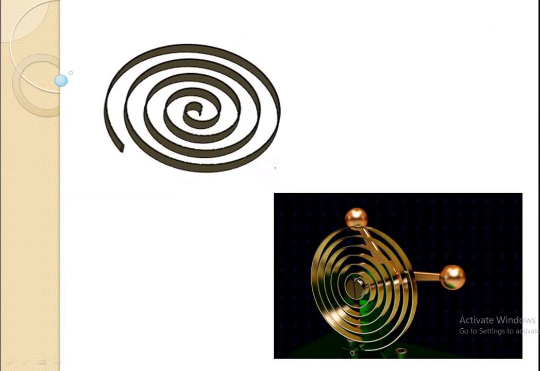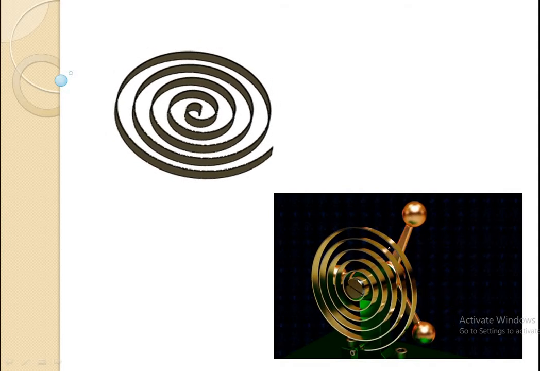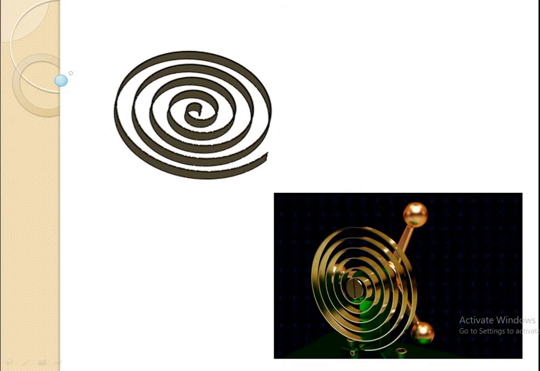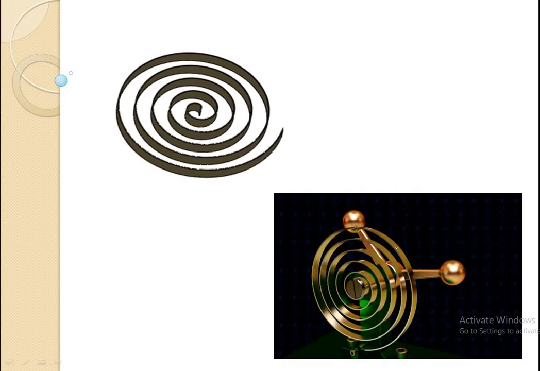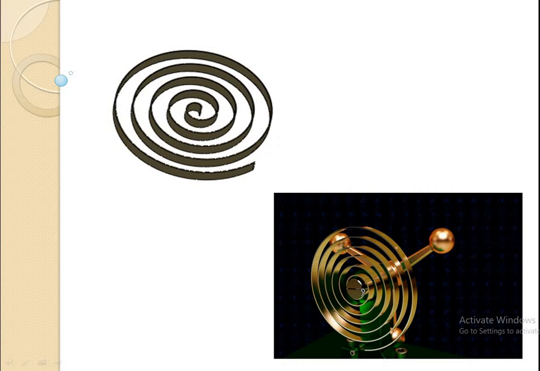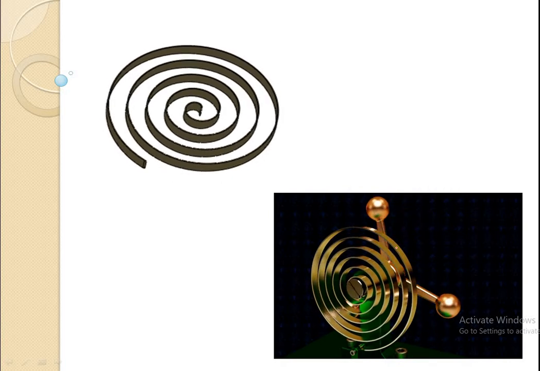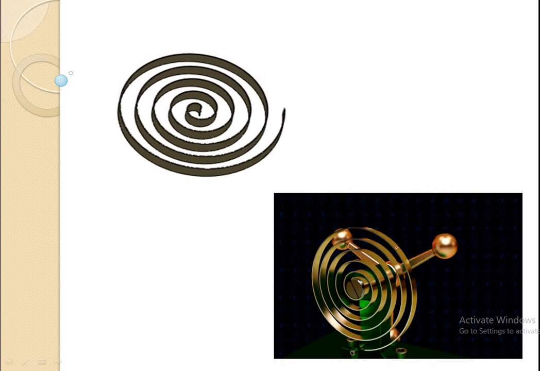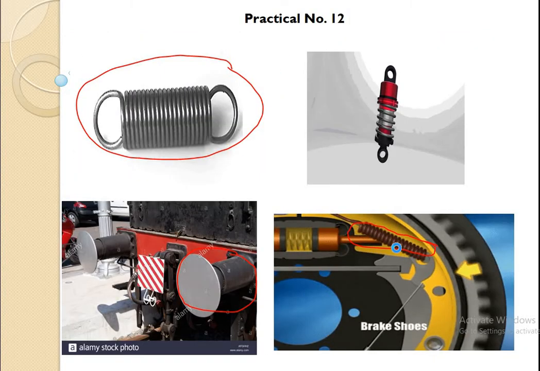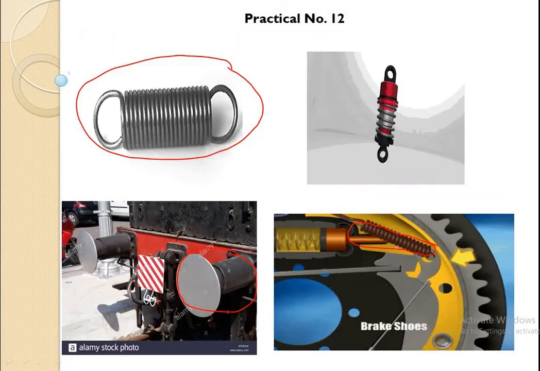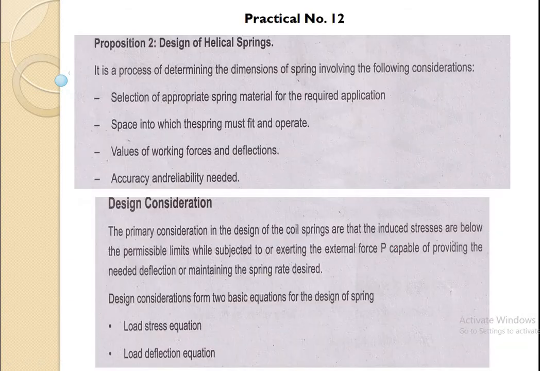When we move clockwise or anti-clockwise, it will store energy, and after releasing the force it will come back to its original position and perform the action of a particular motion. So this is regarding the different types of springs that we are using in applications.